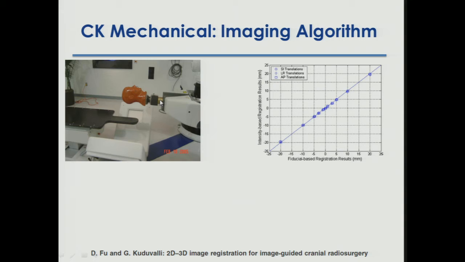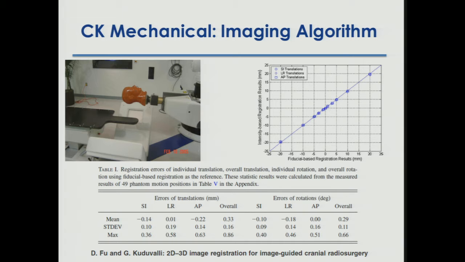And then you're running this phantom through different translations and rotations, and you take a look at what the imager tells you about how much the phantom has shifted compared to what you have told the robot. And you can see overall that the imaging algorithm gives you a very, very accurate result, both in translations and rotations.